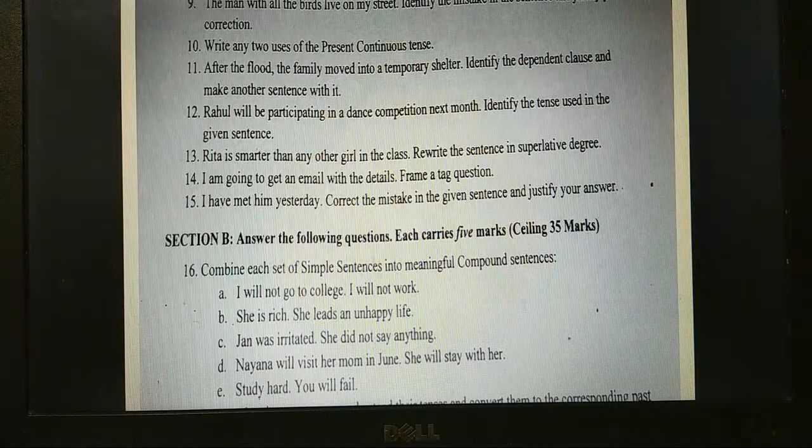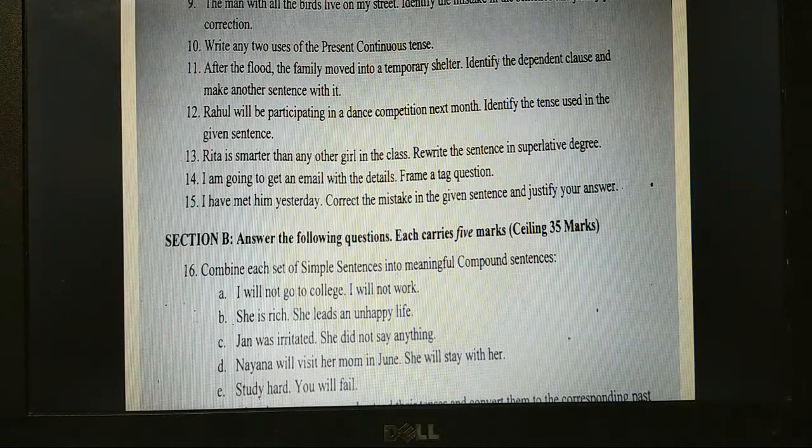Now we move on to section B in the question paper. Answer the following questions. Each carries 5 marks, ceiling 35. Remember, you have 8 questions, and 8 into 5 is 40.